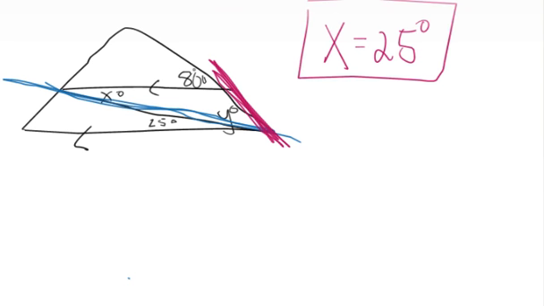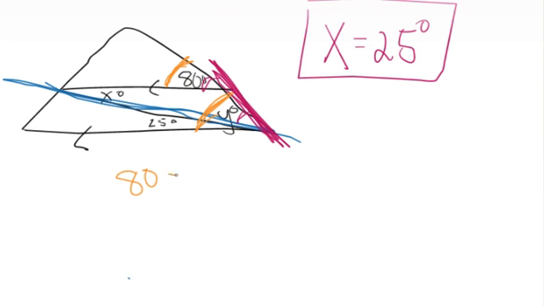Now y looks like it would be in the same spot right here. These 2 angles would be what we would call corresponding, but the problem is it doesn't go all the way with the parallel. So the actual corresponding one would be here, the 80 degrees, and then the whole thing. So y plus 25.